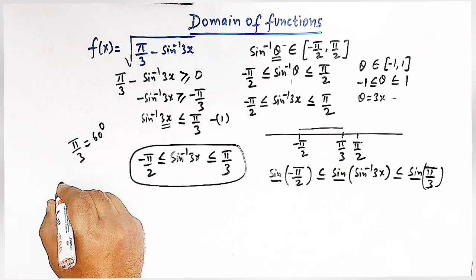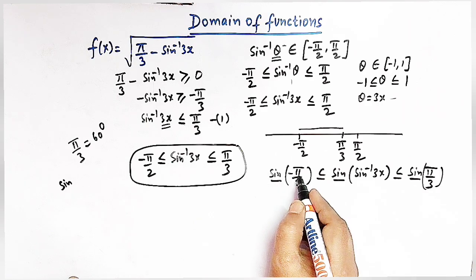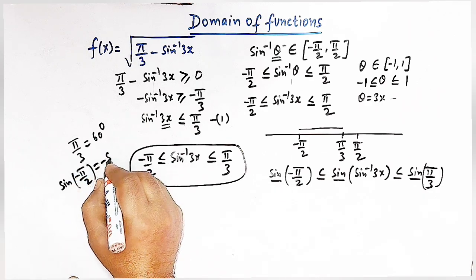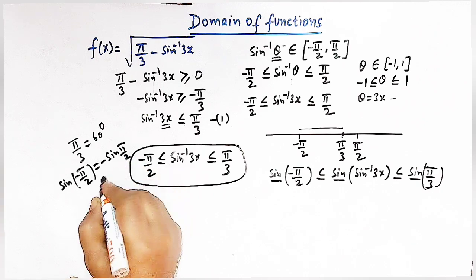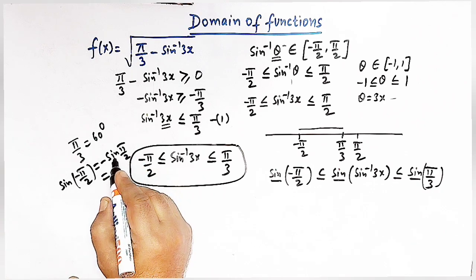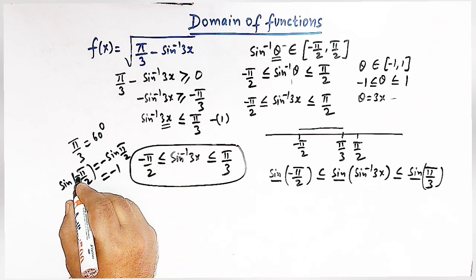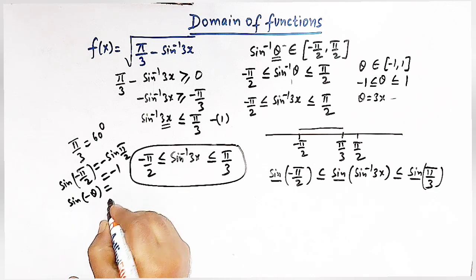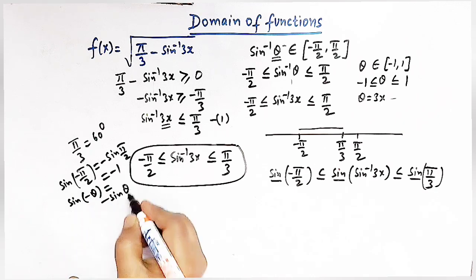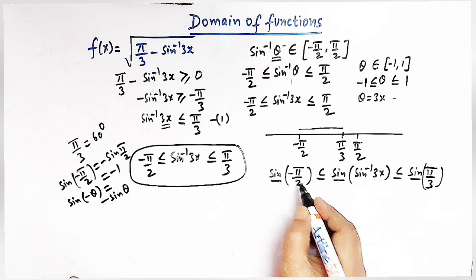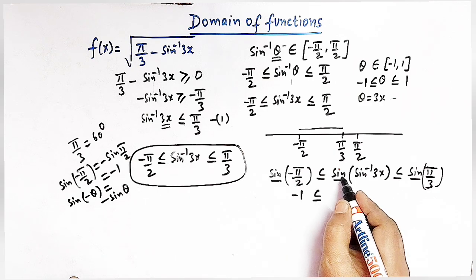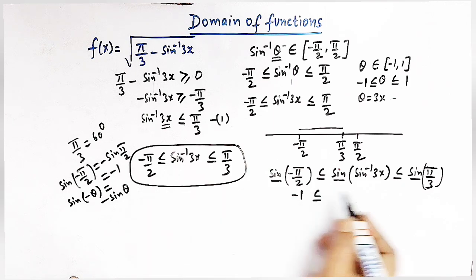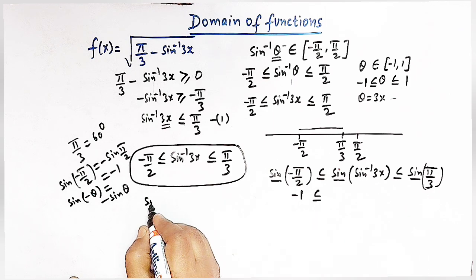Sine of minus pi by 2 is minus sine pi by 2, that is minus 1, since sine 90 is 1, and here we have used the result that sine of minus theta is equal to minus sine theta.